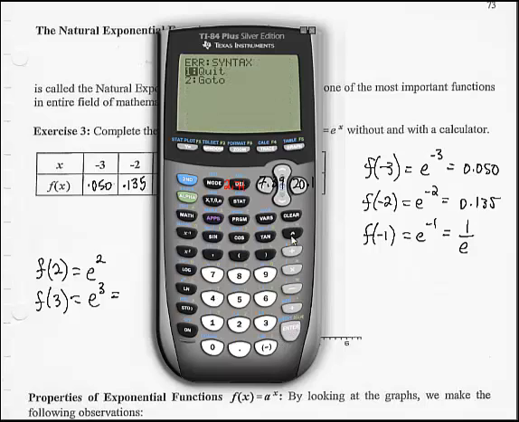Oh, I need to enter the 1. You're going to see that we get the same thing. Okay, 0.3678. I'll call it 0.368.